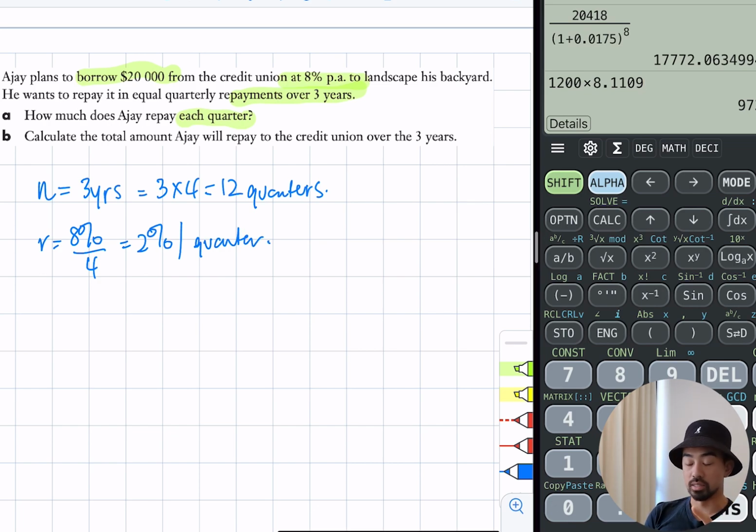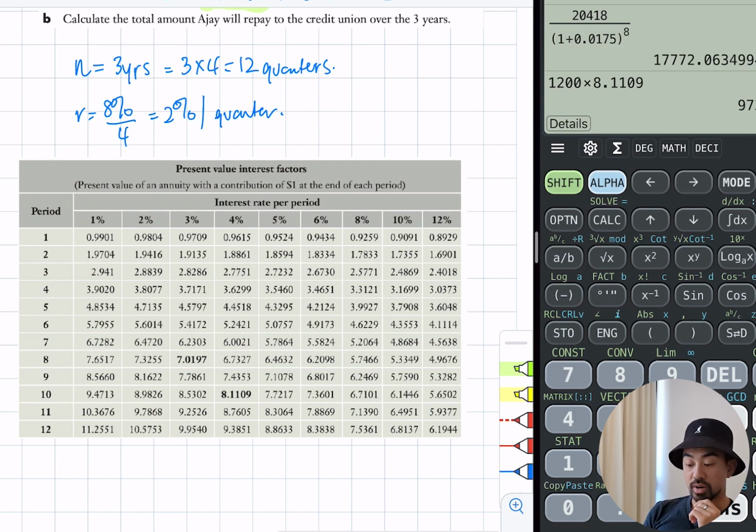All right, now we're going to need the tables. Let's just find our interest factor first, and then I'll show you what to do. So our interest factor will be 12 quarters here, and it is going to be 2%, so 10.5753.